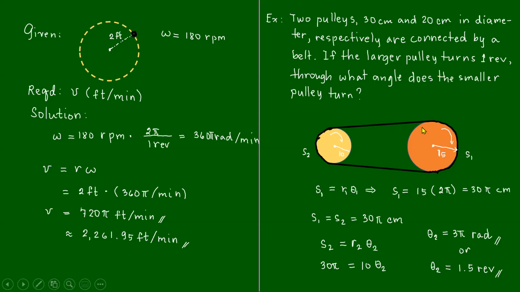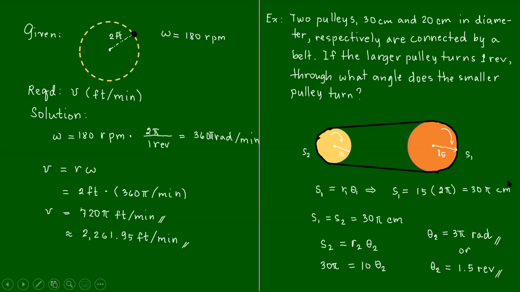In this case, they are connected by a belt, with the assumption that the belt will not slip around the pulleys. So the distance that the belt travels is also the same distance any point on the circle travels.